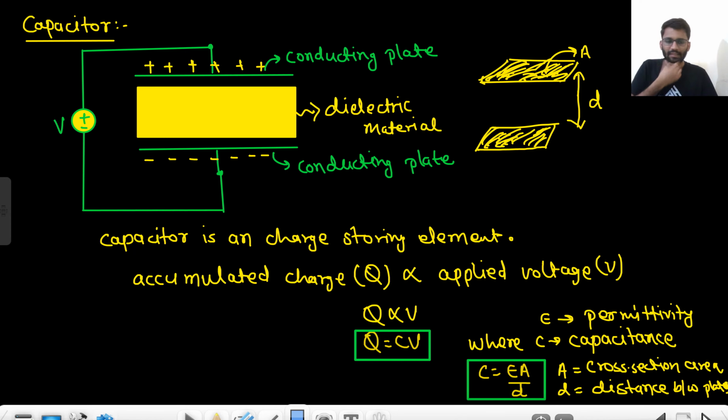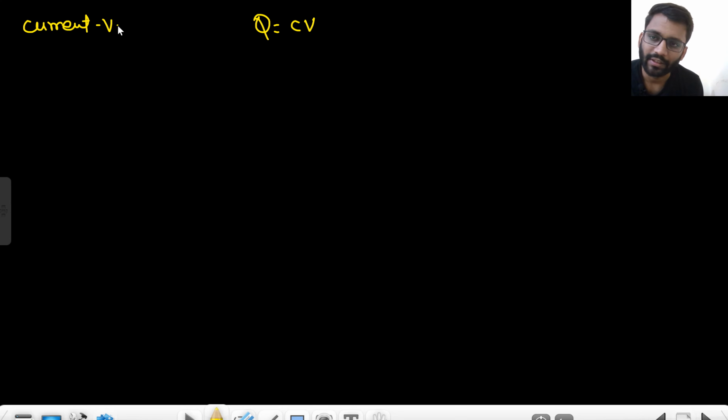So now what we have seen is that Q equals CV. Now we are writing the current voltage equation for capacitor. So Q equals CV.